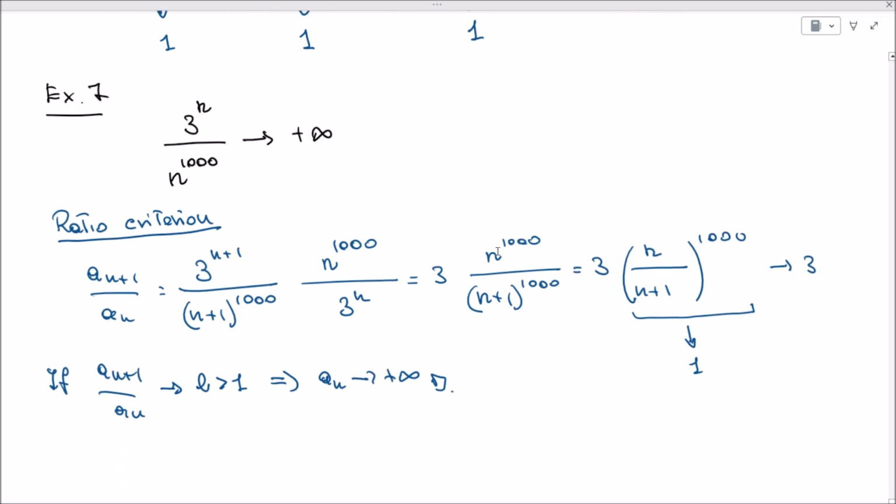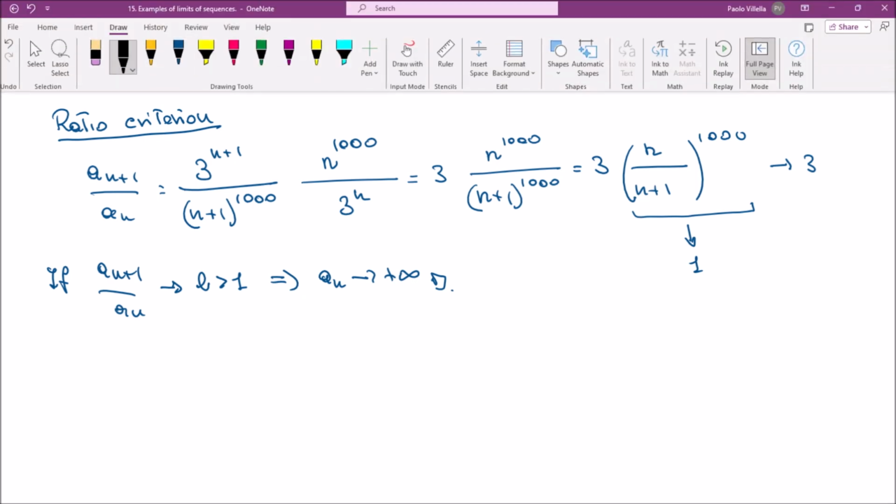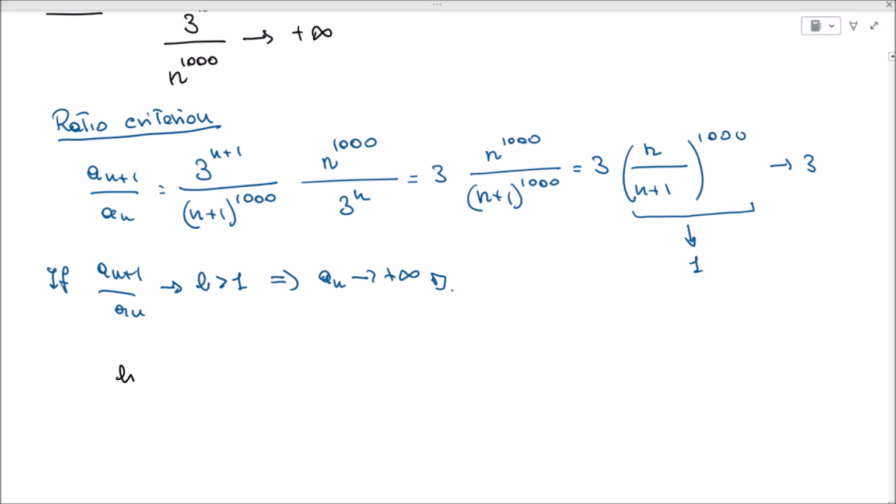So this result can be generalized, and this is an important generalization. We can say that the limit as n goes to infinity of a to the n, an exponential, divided by n to the b, a power, is going to be plus infinity for every a larger than 1.